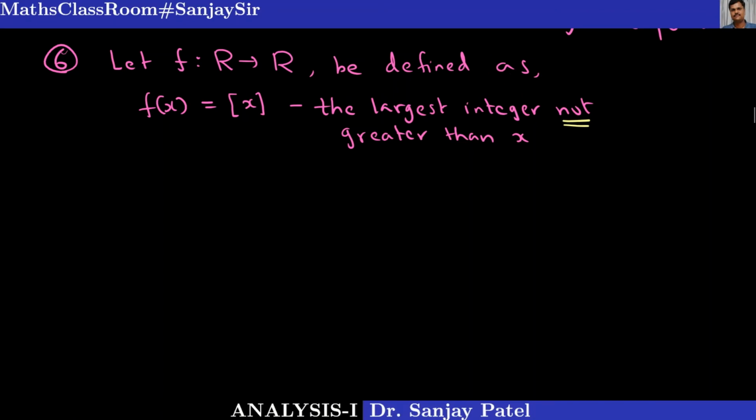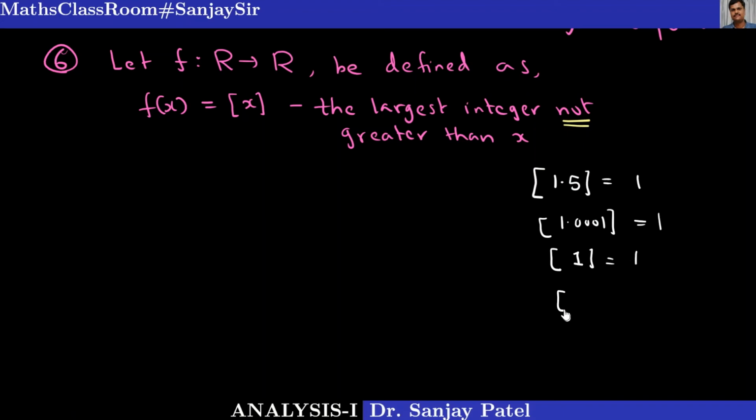Say if I take x equal to 1.5, then the bracket value of 1.5 is 1. If I take x equal to 1.0001, then also the value of bracket x is 1. If I take simply 1, then again it is 1.